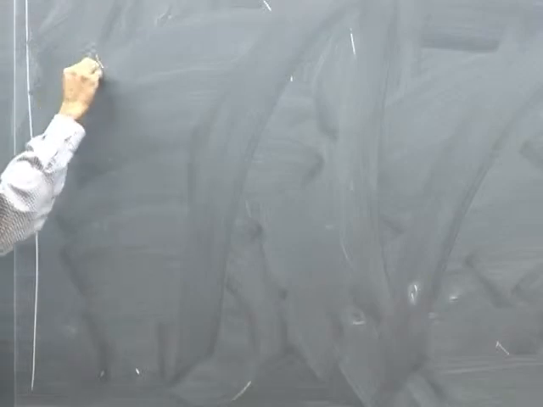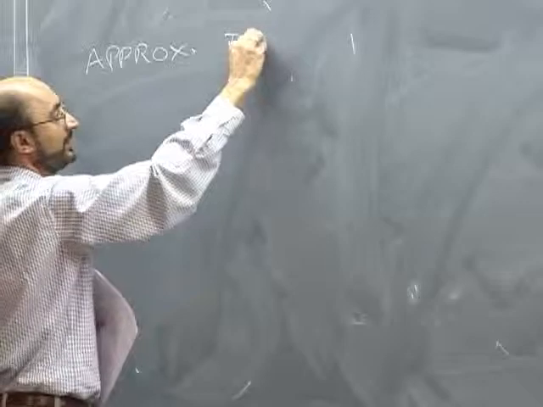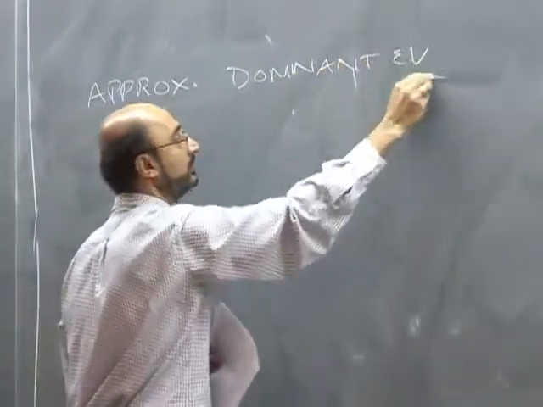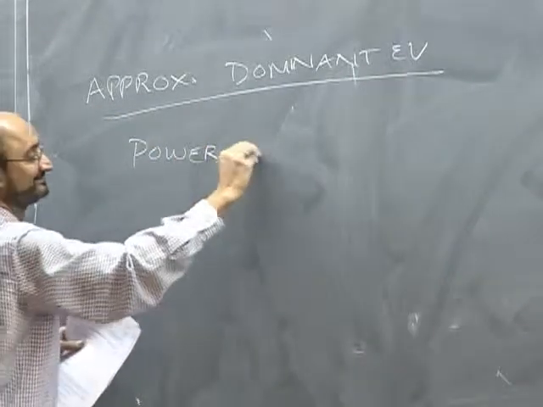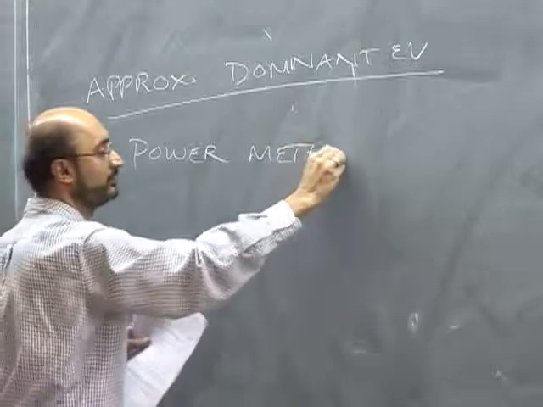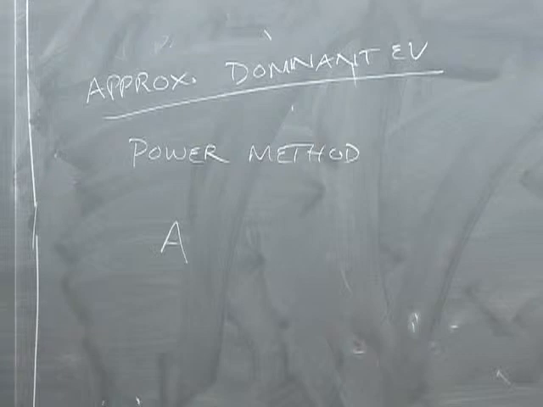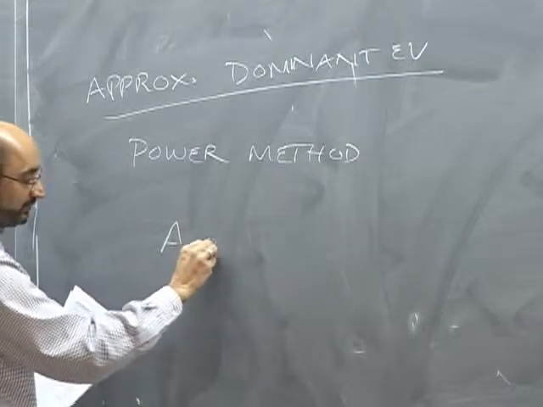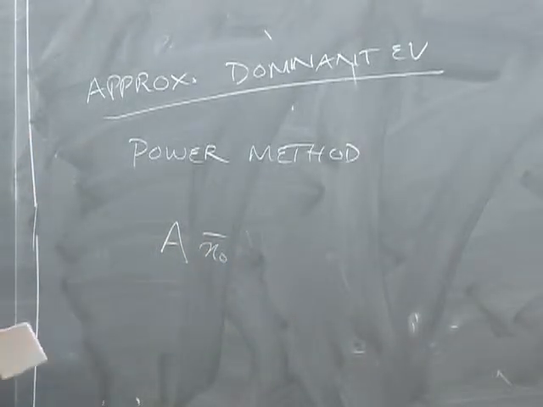To approximately compute the dominant eigenvalue of A, the method is called the power method for a very simple reason, because we take the powers of A. So we take the matrix A, and we take any arbitrary initial vector x0. Just pick anything you want, and apply A to it.